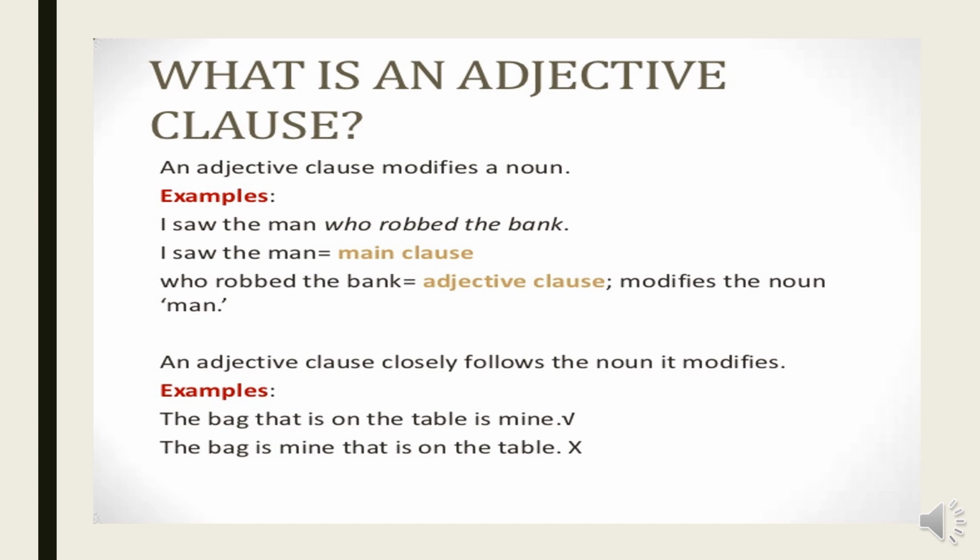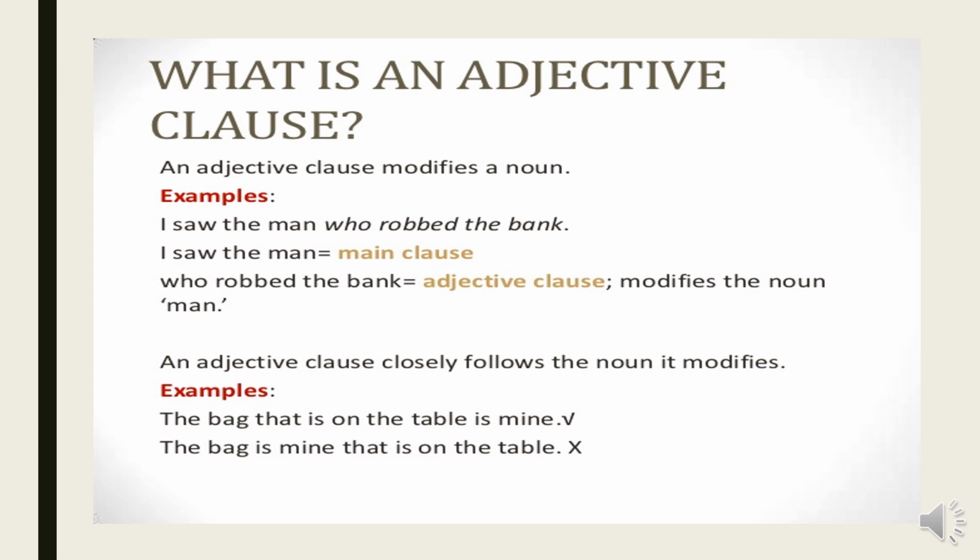Let's see this example. I saw the man who robbed the bank. I saw the man is the main clause. Who robbed the bank is the adjective clause because it modifies the noun, which is man. So I'm modifying that the man whom I have seen is the man who robbed the bank.